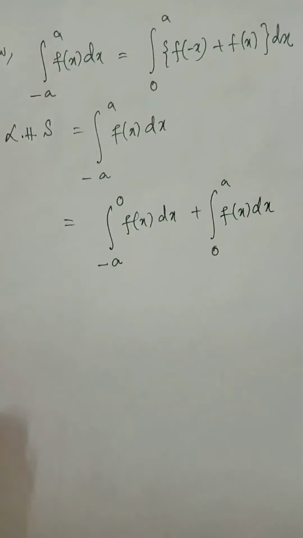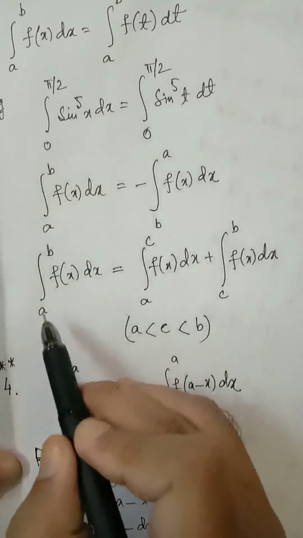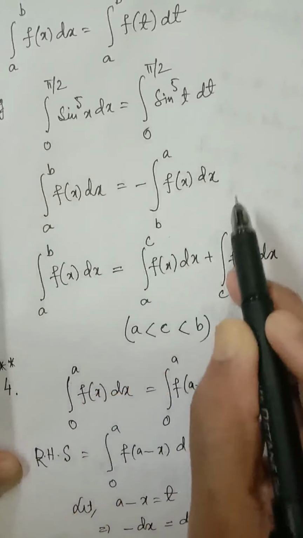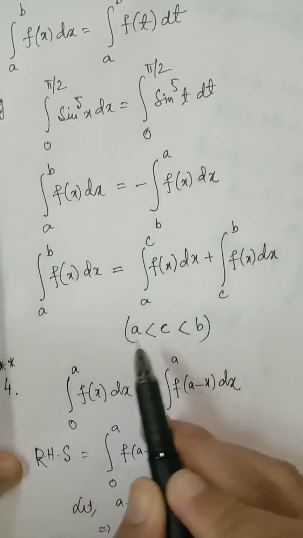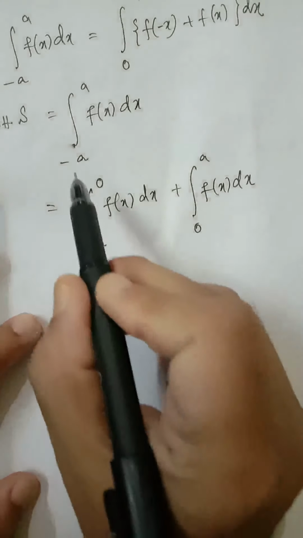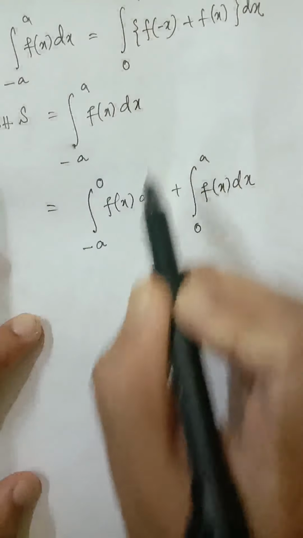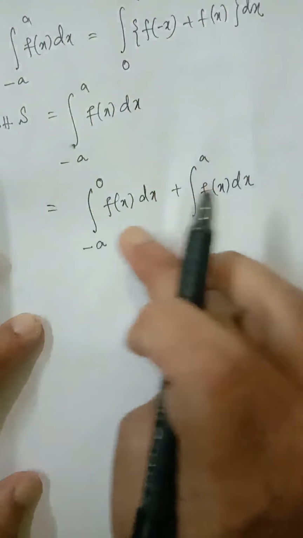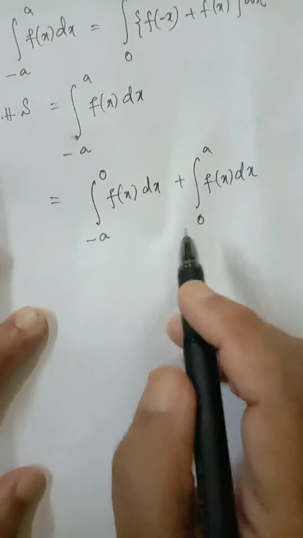We have property 3: the integral from a to b of f(x) dx equals the integral from a to c of f(x) dx plus the integral from c to b of f(x) dx, where c is any number between a and b. Using this, we get the integral from -a to a of f(x) dx equal to the integral from -a to 0 plus 0 to a, as 0 comes between -a and +a.